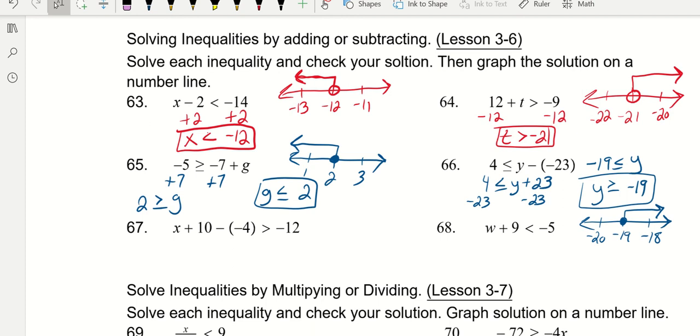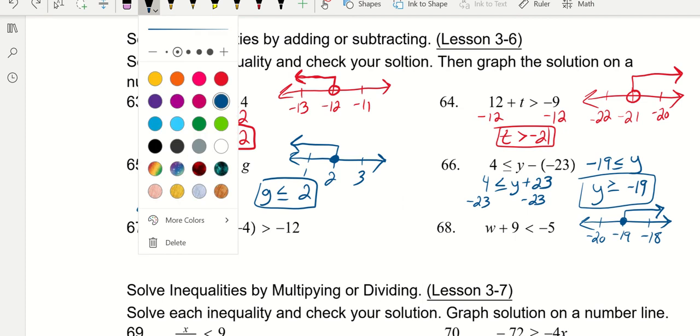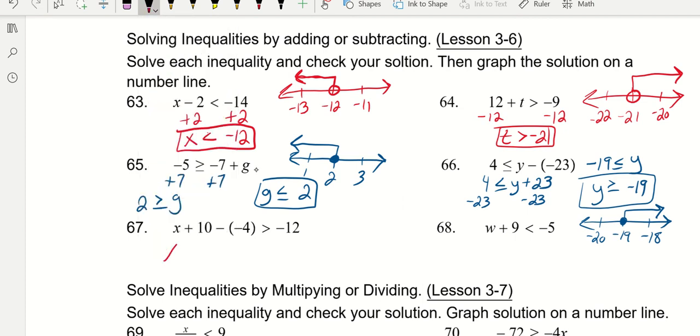Number 67. Okay. X, let me change to red here. X plus 10 minus negative 4, that's going to be plus 4, is greater than negative 12. All right, we should combine like terms first.